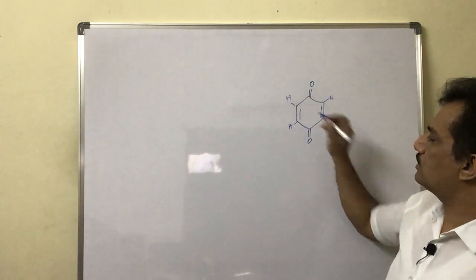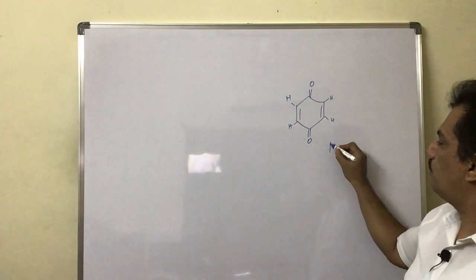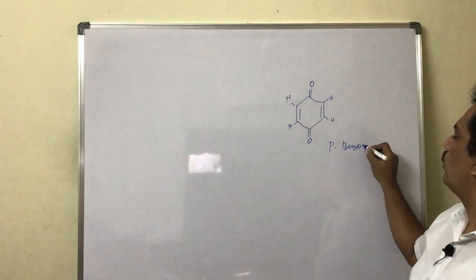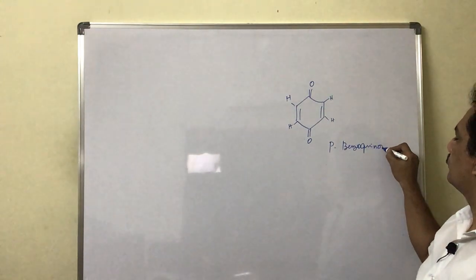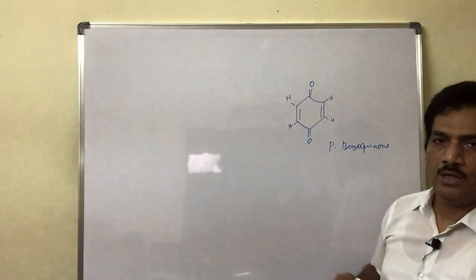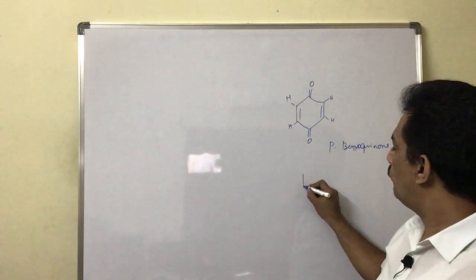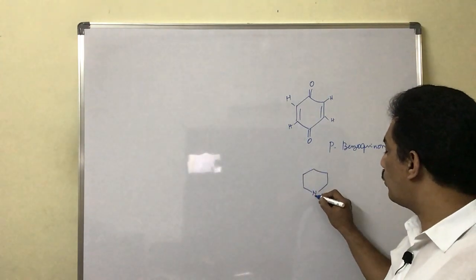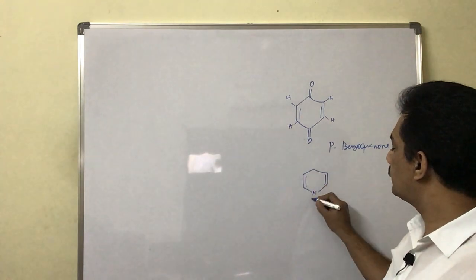This is p-benzoquinone. And the next one is p-imine quinone, like this.